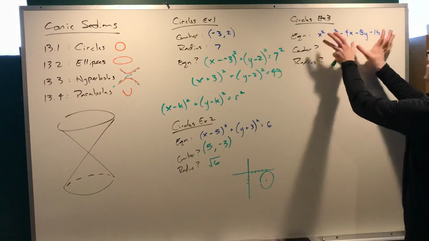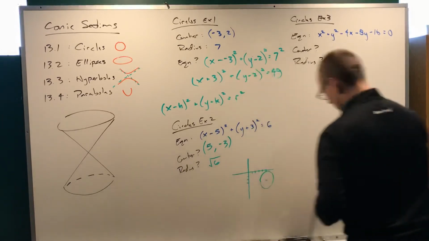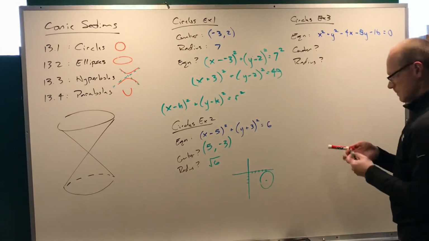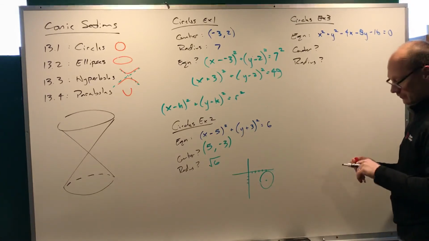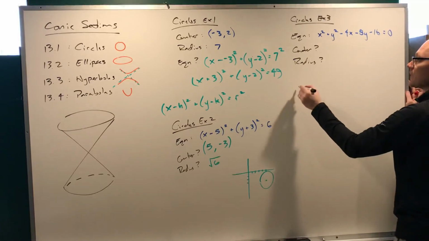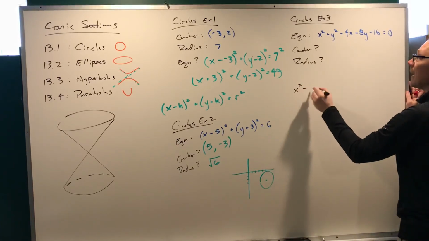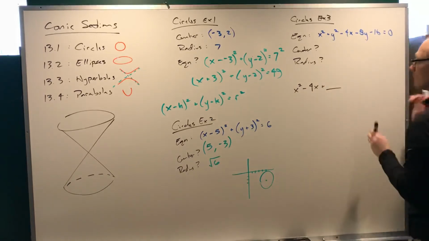What I've got to do is separate the x's and y's and do some completing the square. So let me separate the x's and the y's for us. I'm going to write the x's first. This is x squared minus 4x, and I'm going to leave some room.